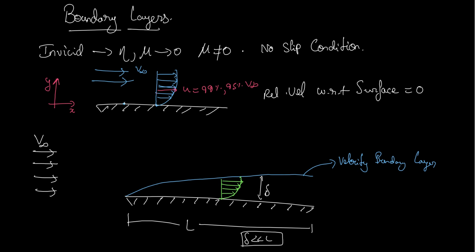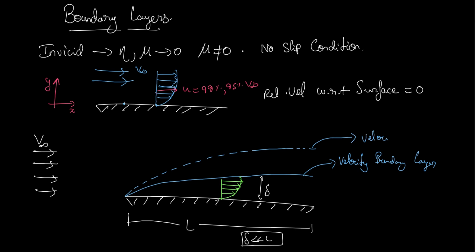So because of shear stresses there will be heat generated, because friction always generates heat. And we'll have another kind of boundary layer which is called the thermal boundary layer, which is usually larger than the velocity boundary layer, but it can be smaller than the velocity boundary layer also. We'll see under what conditions that happens.